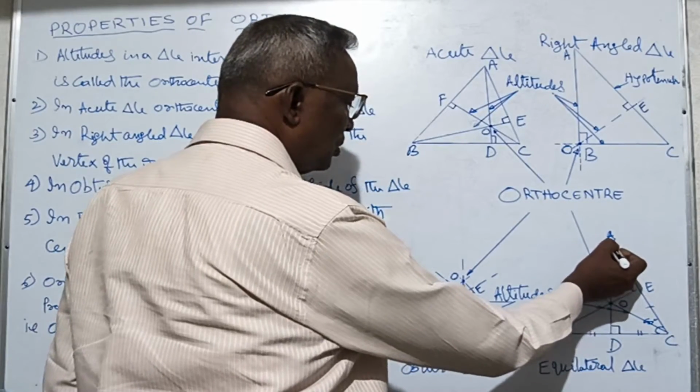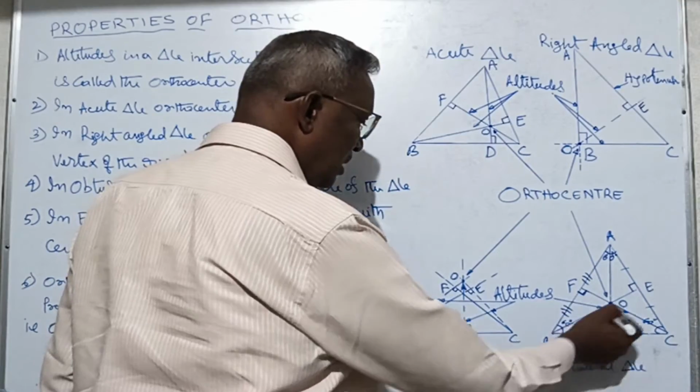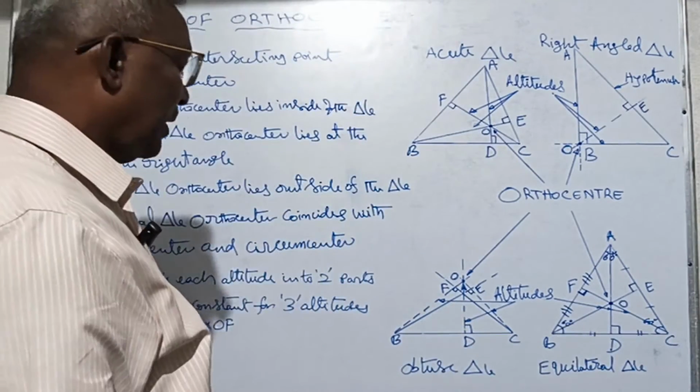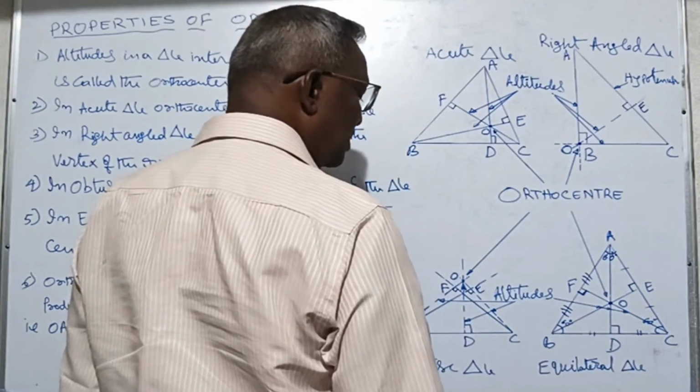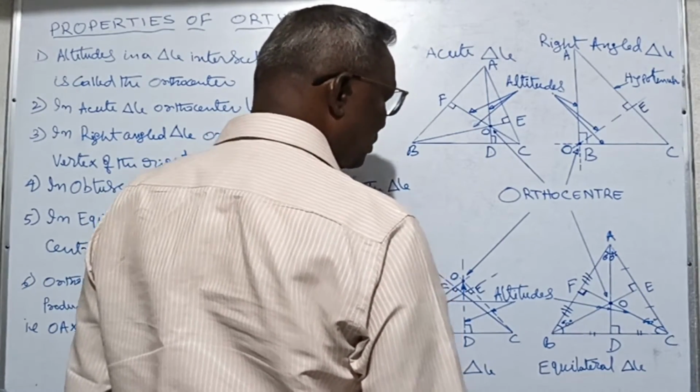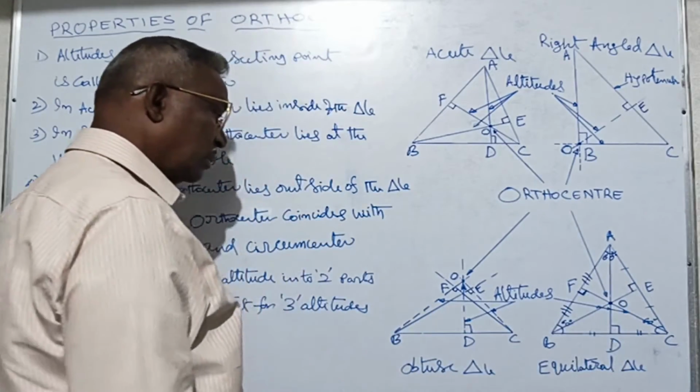Next, number 2. This altitude bisects the angle. Angle bisectors' intersecting point is incenter. So that means this orthocenter coincides with incenter.